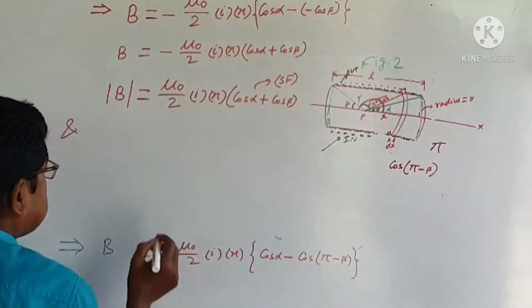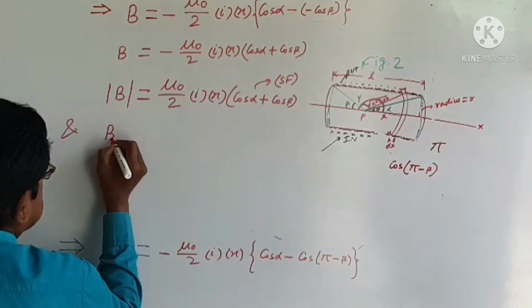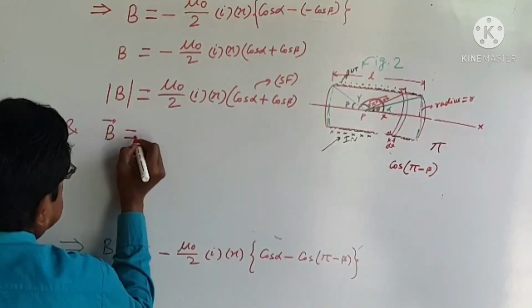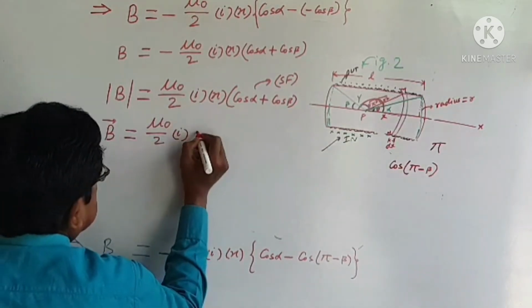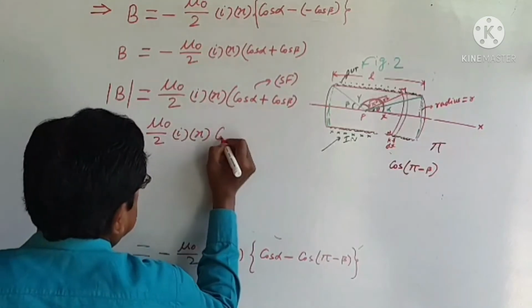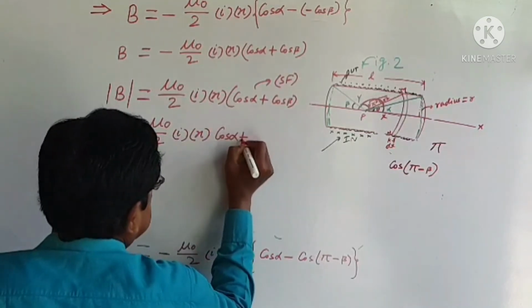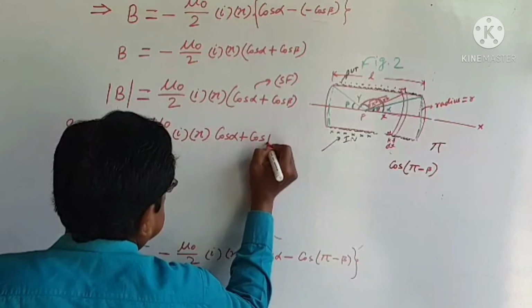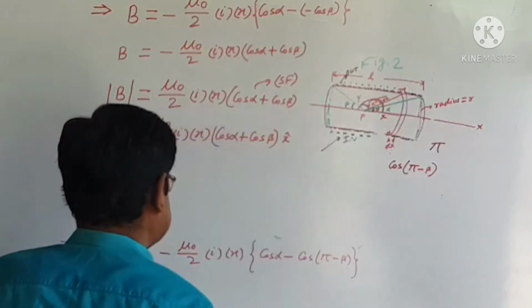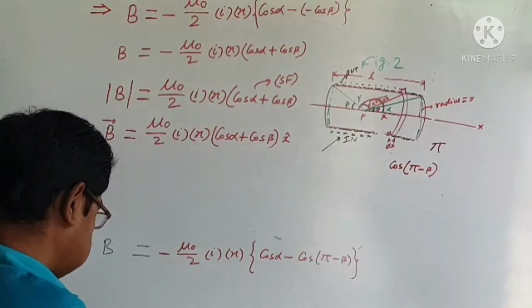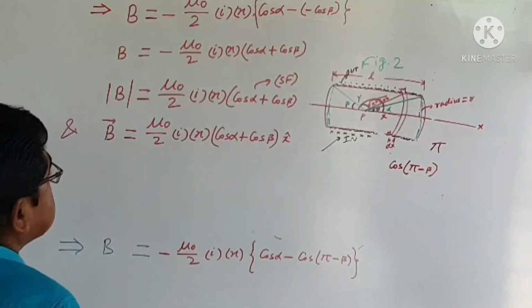When we take the vector form, this is B equal to mu naught upon 2 I n times cosine of alpha plus cosine of beta, x cap. Okay.